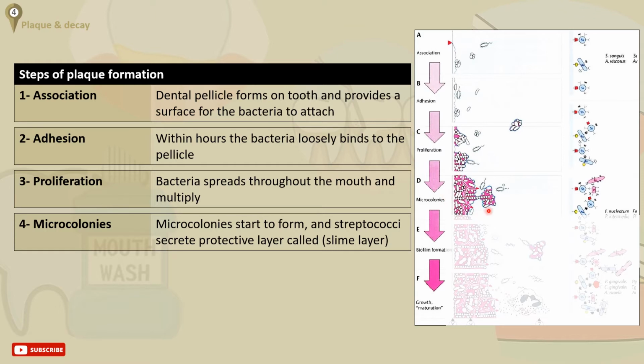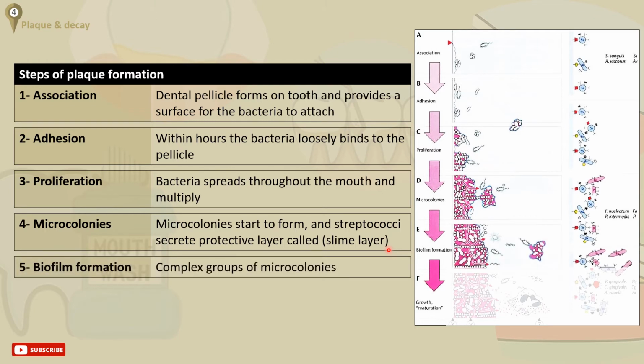In these microcolonies, Streptococcus mutans use the enzyme glucansucrase to convert sucrose into a sticky, extracellular dextran-based polysaccharide protective slime layer. It allows the bacteria to cohere, forming plaque biofilm, and then they start to grow and mature in this biofilm.